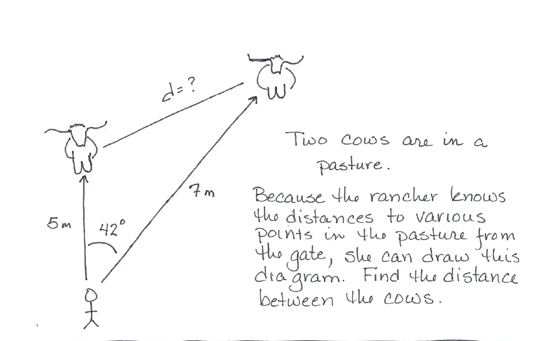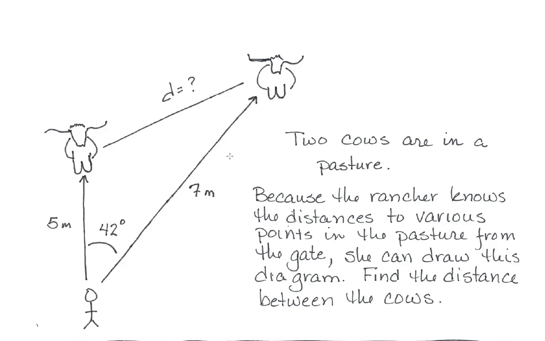Now, there's a couple of ways that you can approach this problem. One is we can use good old geometry here, and I can do a right triangle, right? I can draw this line here, and this line, and I've got a right triangle, and if I know that that's 42 degrees, I can do the complementary angle, and then I have the hypotenuse and the angle, and I can find my adjacent side, and then I can find my opposite side, and now I've got that right triangle.